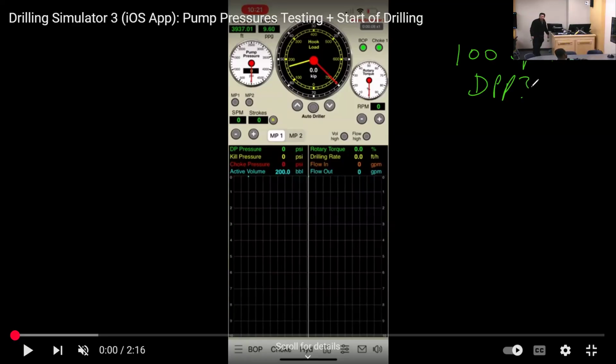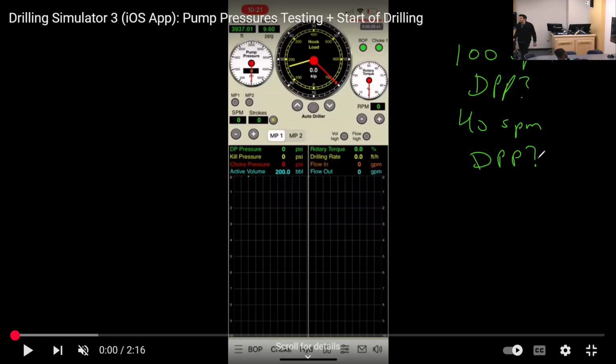But I will also try a slower pump rate. You know why? I will try something like 40 SPM, and then ask what is the DPP at that point. In fact, I'm going to try it before I try the 100.